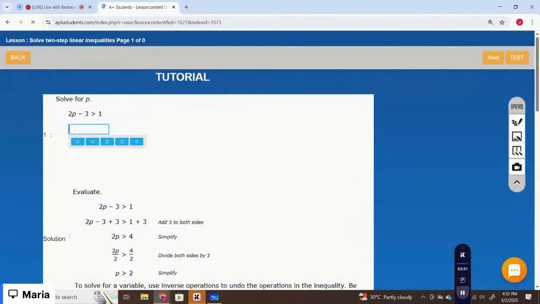Okay, 2p minus 3 is greater than 1. The first step is you need to remove that 3, so add 3 to both sides. So we are left with 2p is greater than 4. And then we have to divide both sides by 2. That is p is greater than 2.